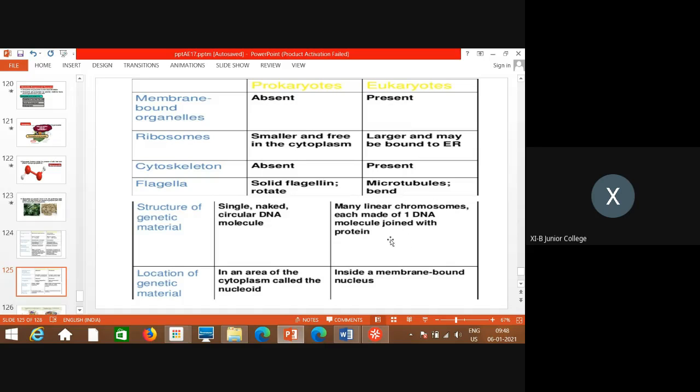Such linear structures are present in eukaryotes, whereas in prokaryotes the genetic material is a single circular naked DNA molecule. Its location is in the cytoplasm, called the nucleoid, whereas in eukaryotes it is present inside a membrane-bound structure called the nucleus.